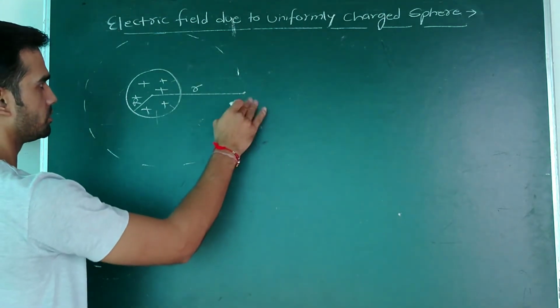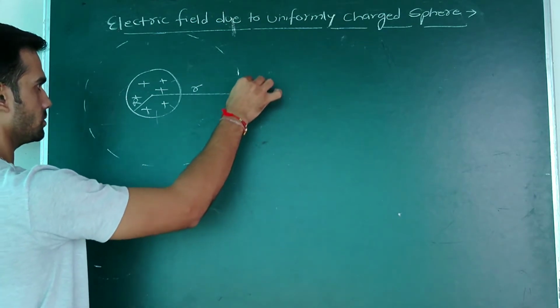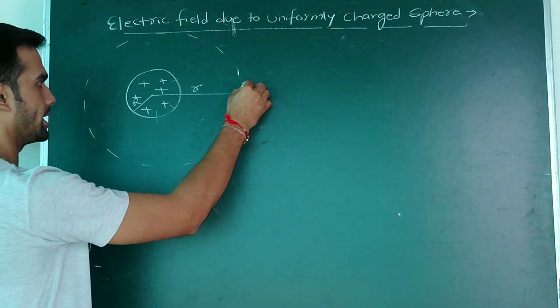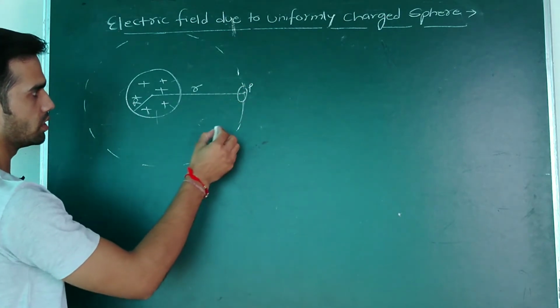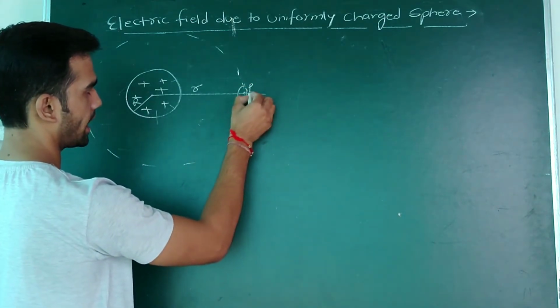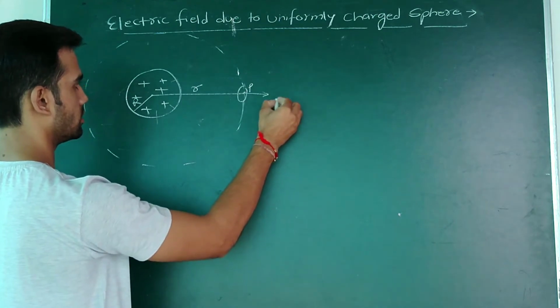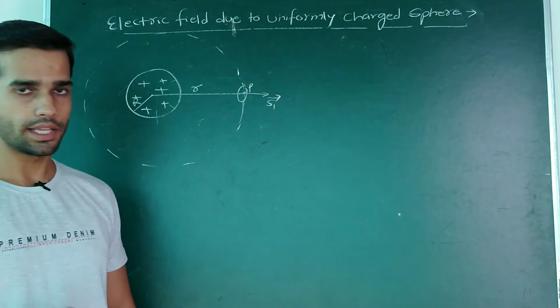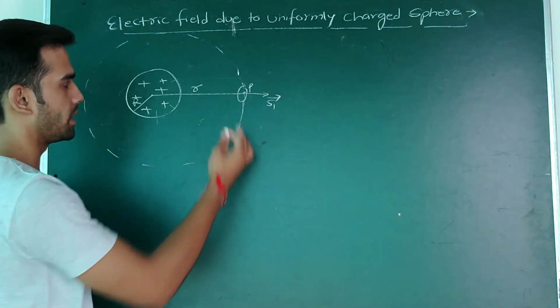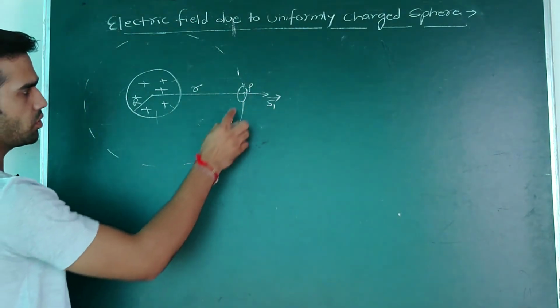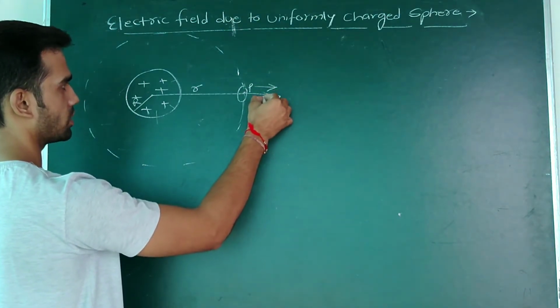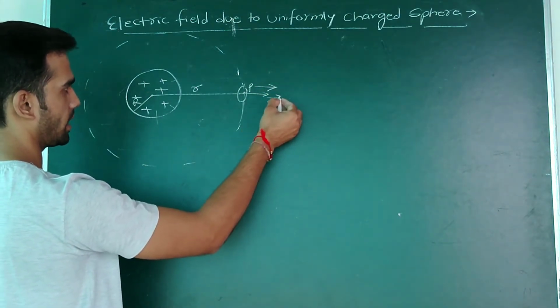At point P, first consider a small area element, and write the area vector of that area element as S1 vector. The direction of the electric field at this point is the same as that of the area element.